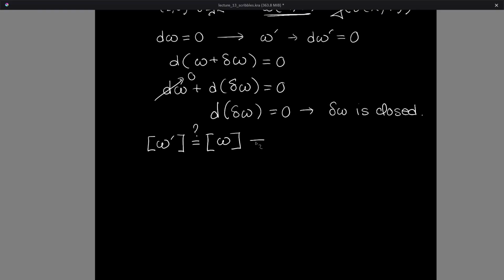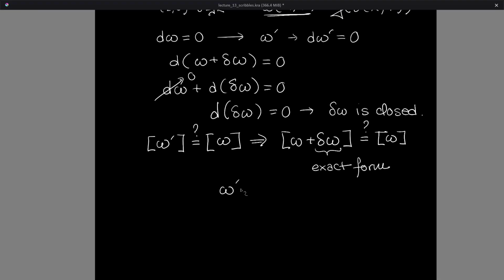So when does that happen is the same thing as asking when is the cohomology class of omega plus delta omega equal to the cohomology class of omega. Well, that will happen whenever delta omega is an exact form, right? Because omega prime is homologous to omega if omega prime is equal to omega plus some exact form.